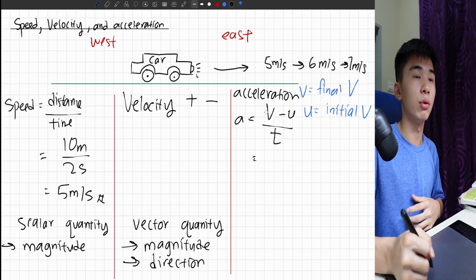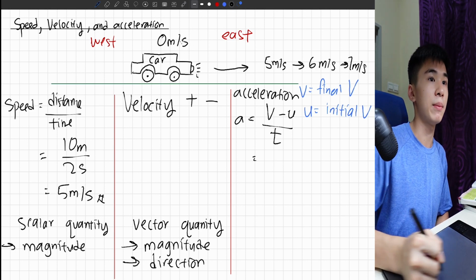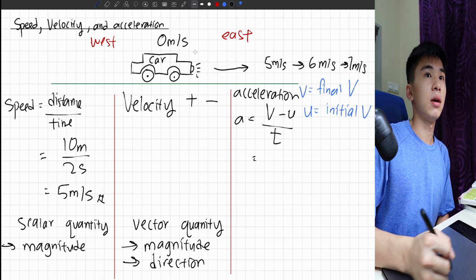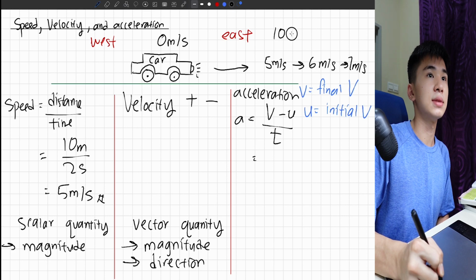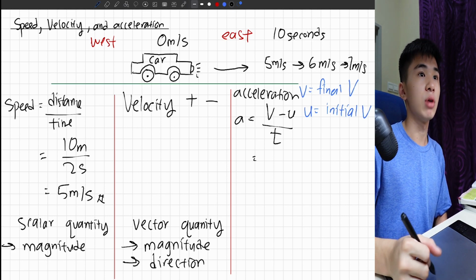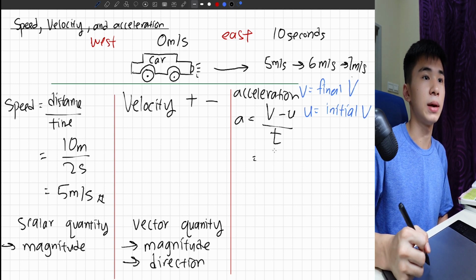Okay, so our initial speed is 0 m/s, right? So right now, let's say a total of 10 seconds. Okay, total of 10 seconds. So our final velocity is going to be 7 m/s, right?